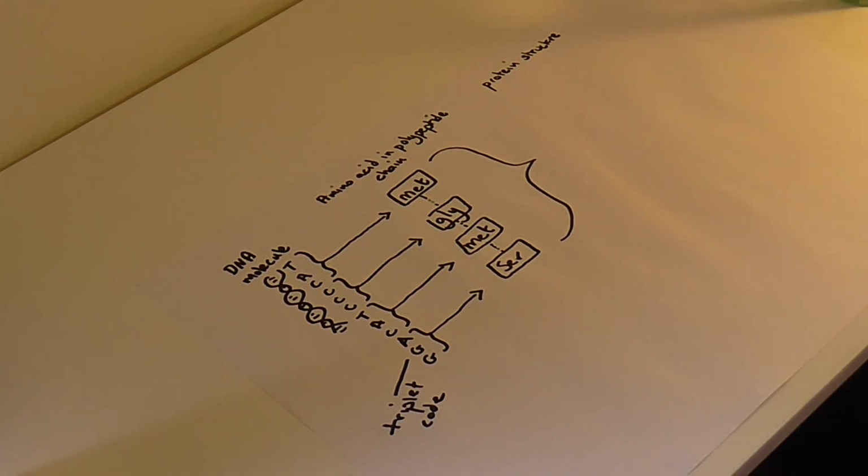And without revising the whole of protein structure, remember you can have fibrous proteins, you can have globular proteins. Proteins can also be quaternary, so they might be made up from just one polypeptide chain, or they might be made up from two or more polypeptide chains.